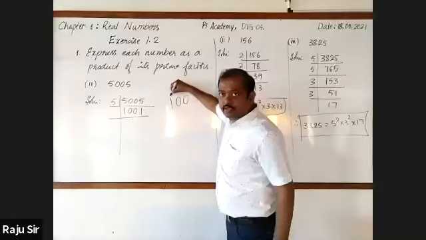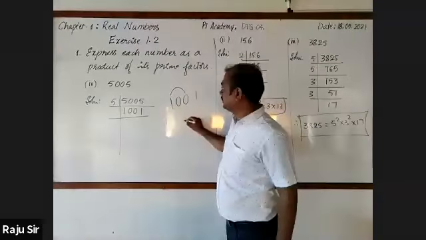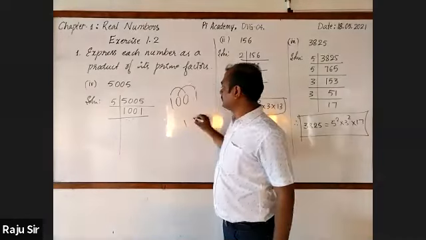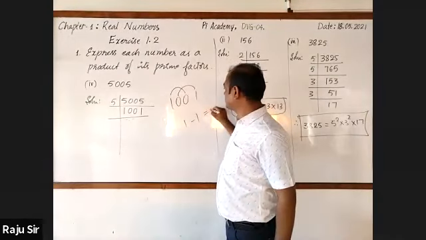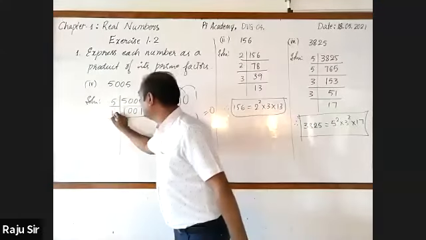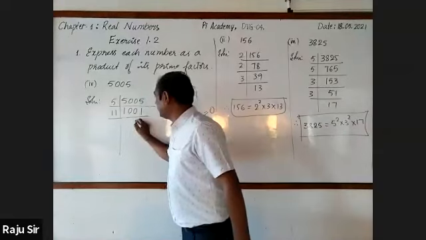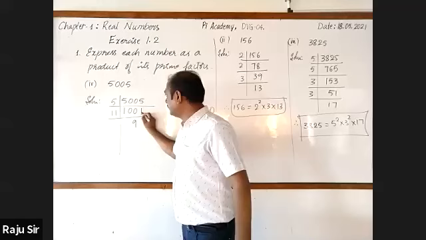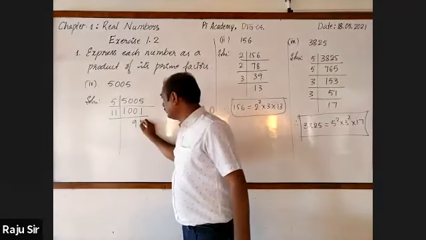Add alternate digits. 1 plus 0 is 1, 0 plus 1 is 1. Their difference is 0. Hence it is divisible by 11. 11 into 91. 91 is there.